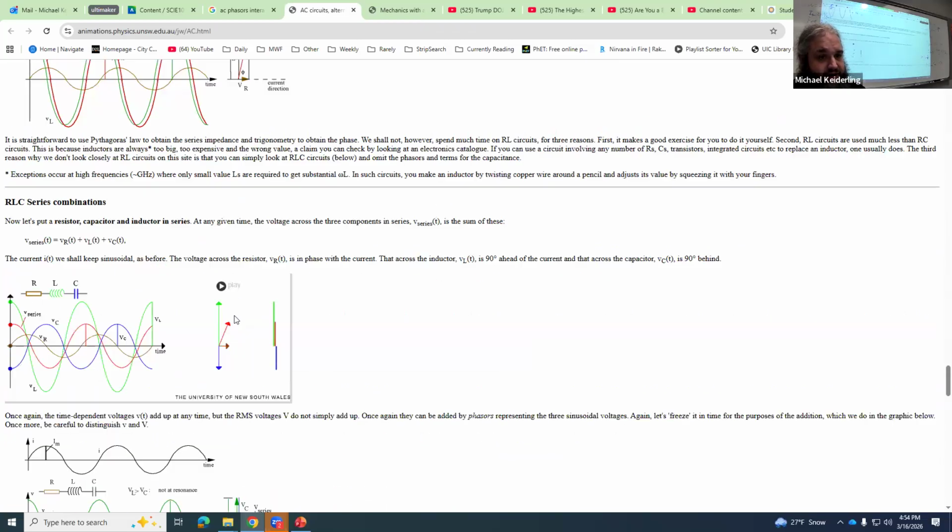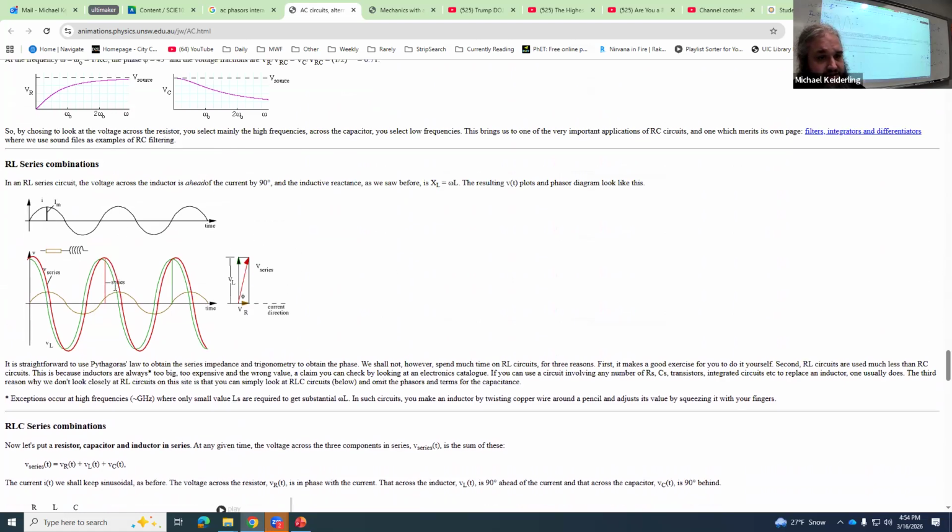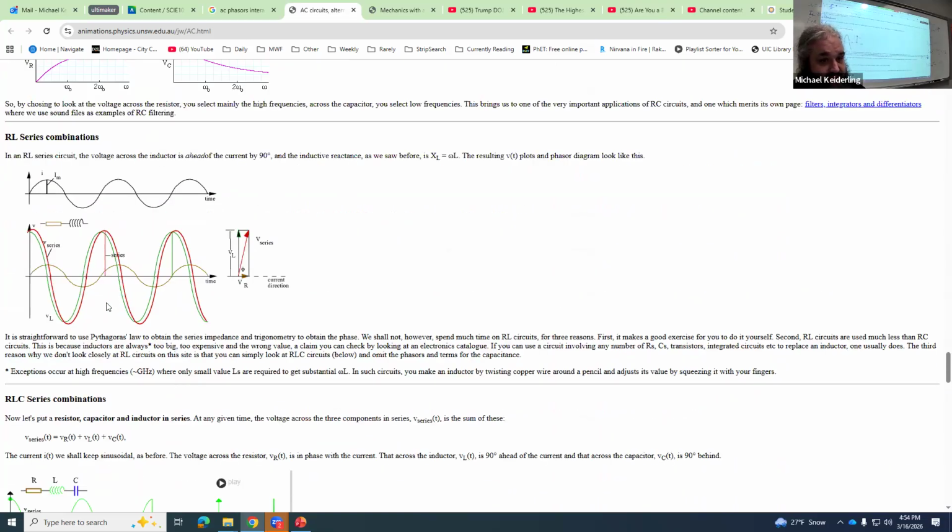And here we have an RL circuit. The voltage across the inductor is ahead by 90 degrees, as you see, but I don't have an animation for that.